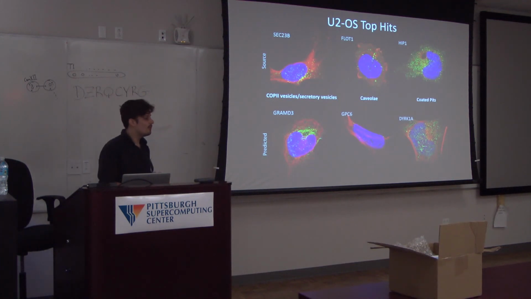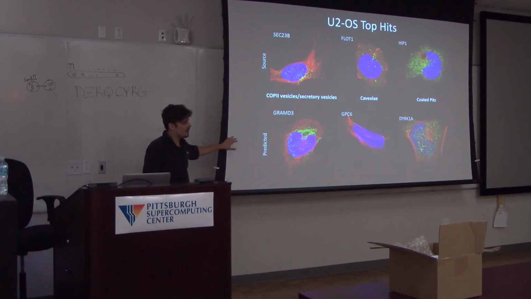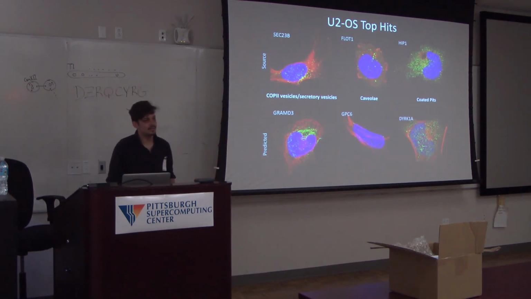And we're assuming that this imaging condition is the same across all the images in the HPA dataset. But of course, knowing how hard doing actual biology is, that's probably not the case.